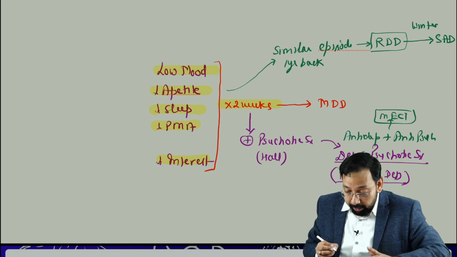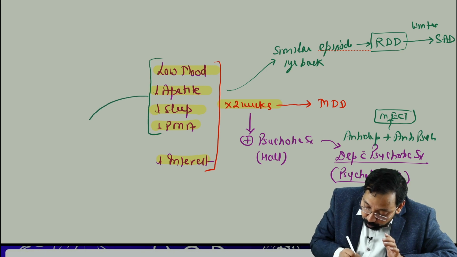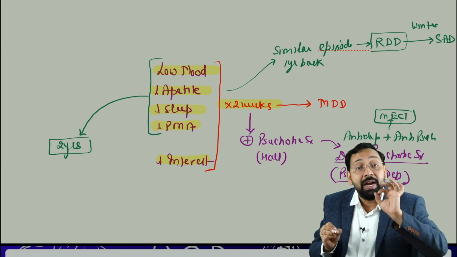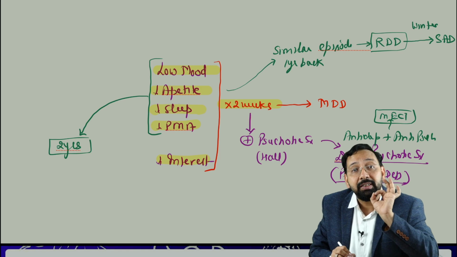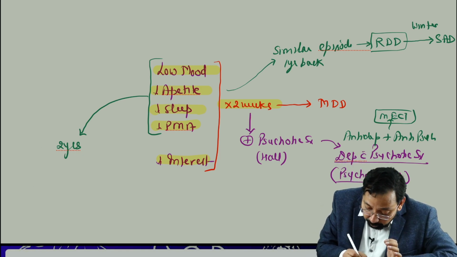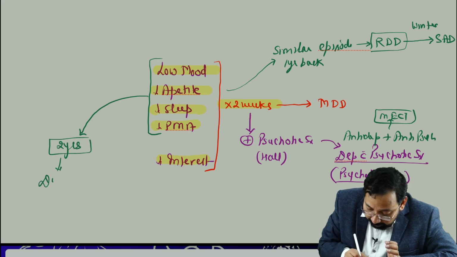Got the point? Now, if these four symptoms are there for 2 years, you know, the diagnostic criteria of depression are not fulfilled, only three or four symptoms are there for 2 years, you will make the diagnosis of dysthymia.